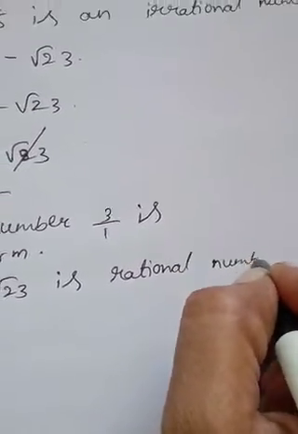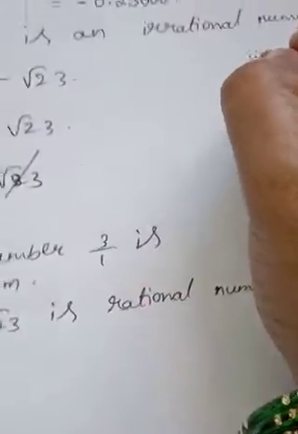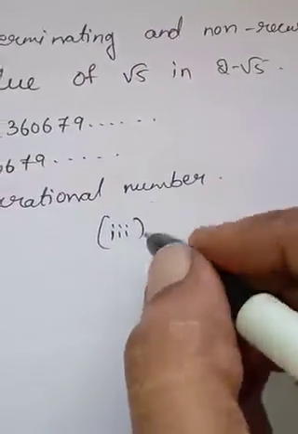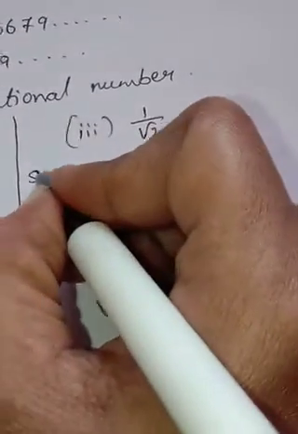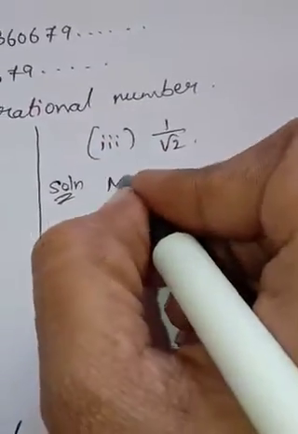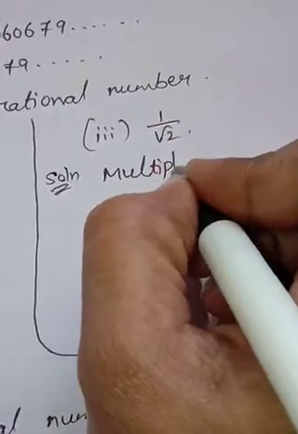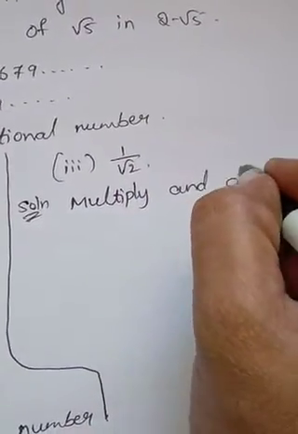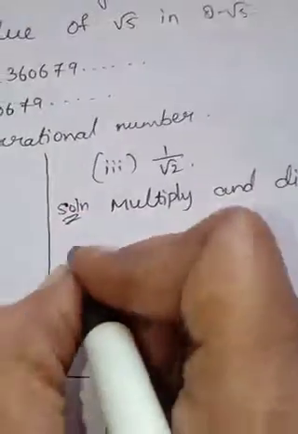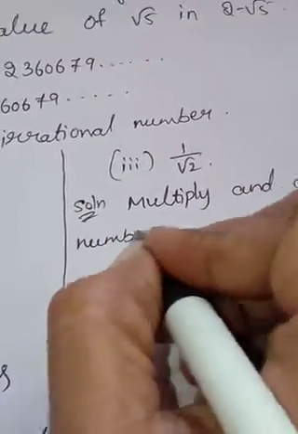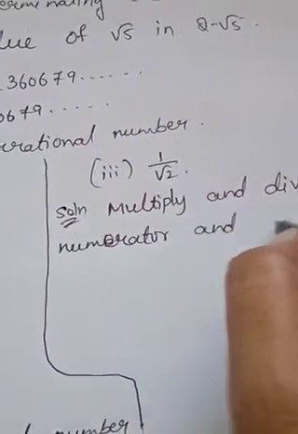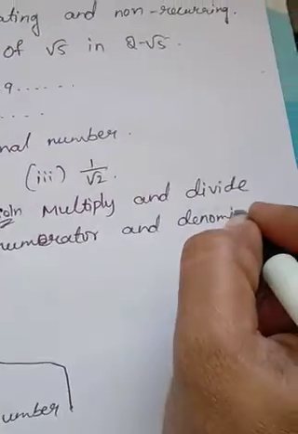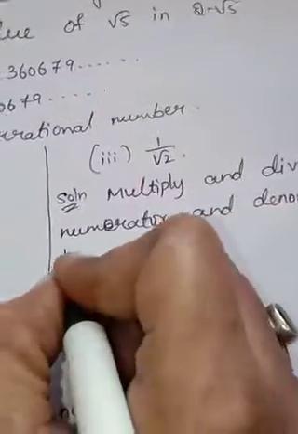Okay. Next I will show you one more problem, that is 1 by root 2. How are you going to solve this one? Solution: multiply and divide the numerator and the denominator by root 2.